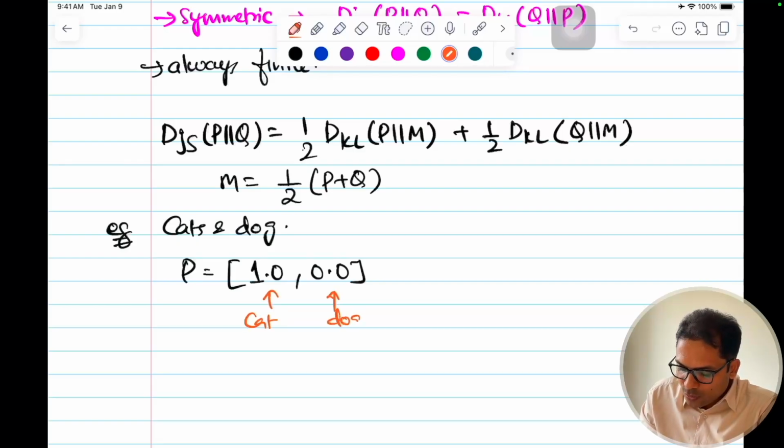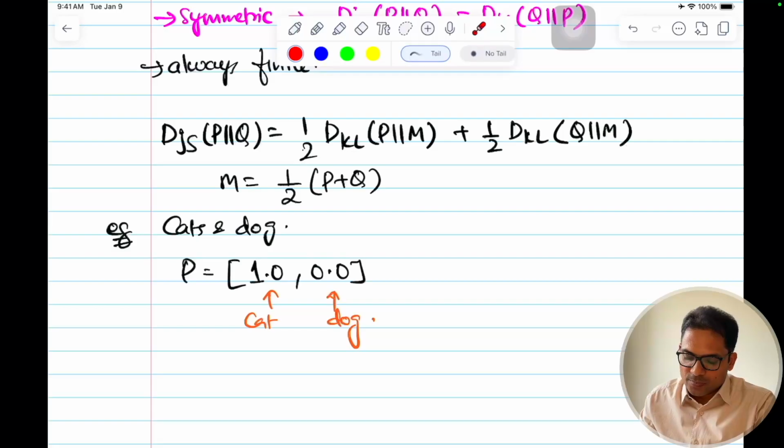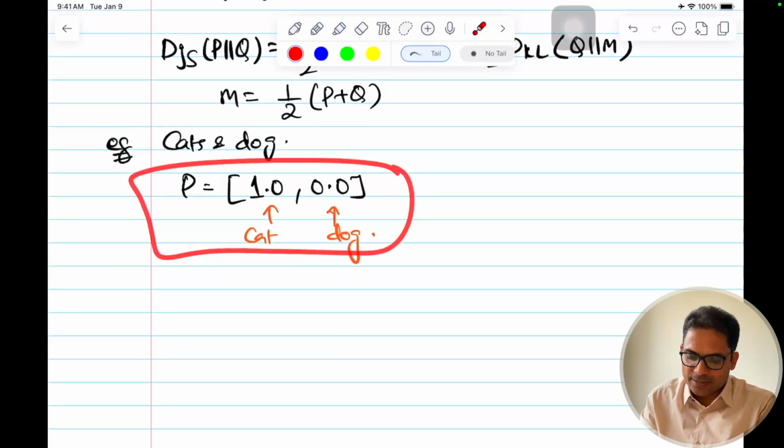There is a model trained to classify images of cats and dogs. I have a label that one image is 100% cat and 0% dog. So the probability of it being a cat is 1, and the probability of it being a dog is 0. This is my base.